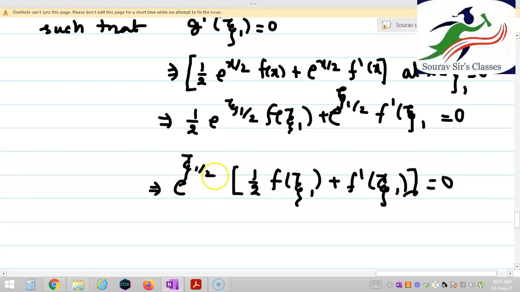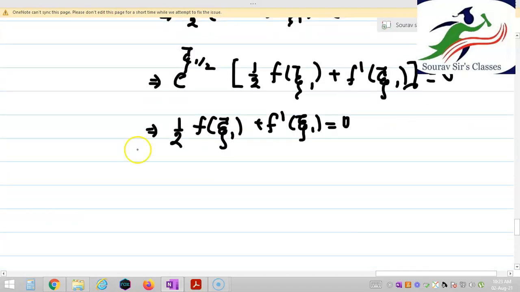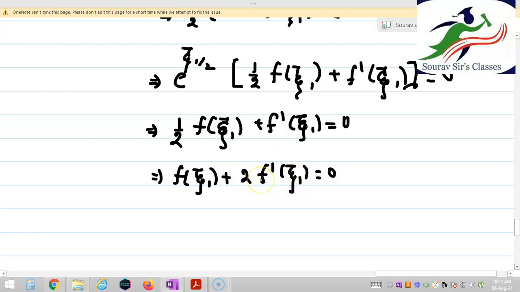e to the power xi1 by 2 cannot be equal to 0, so this quantity will be 0. So I can write half f of xi1 plus f dash of xi1 is equal to 0. So multiplying both sides by 2, I can write f of xi1 plus 2 into f dash of xi1 is equal to 0, right?